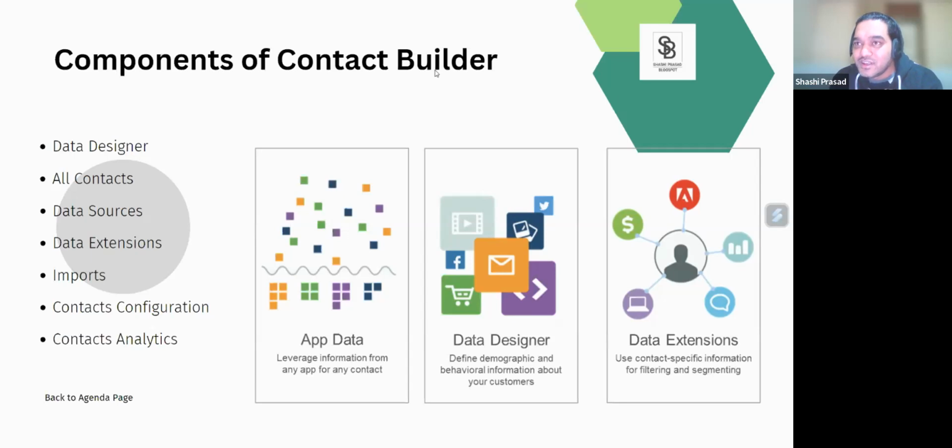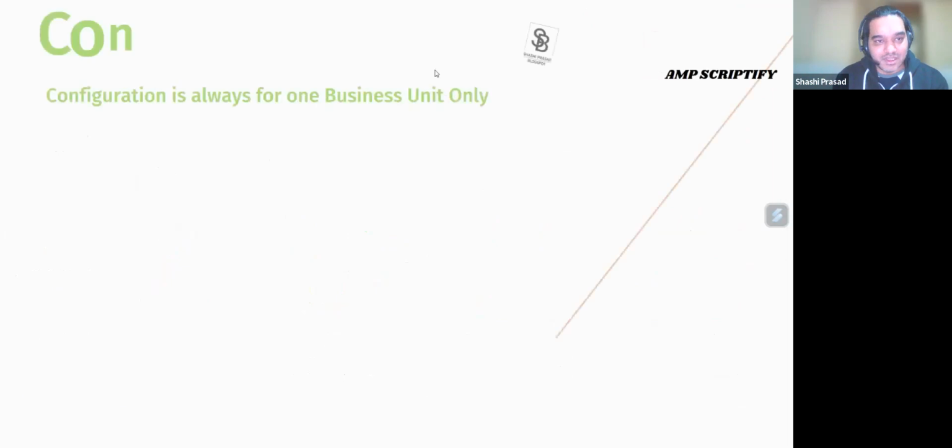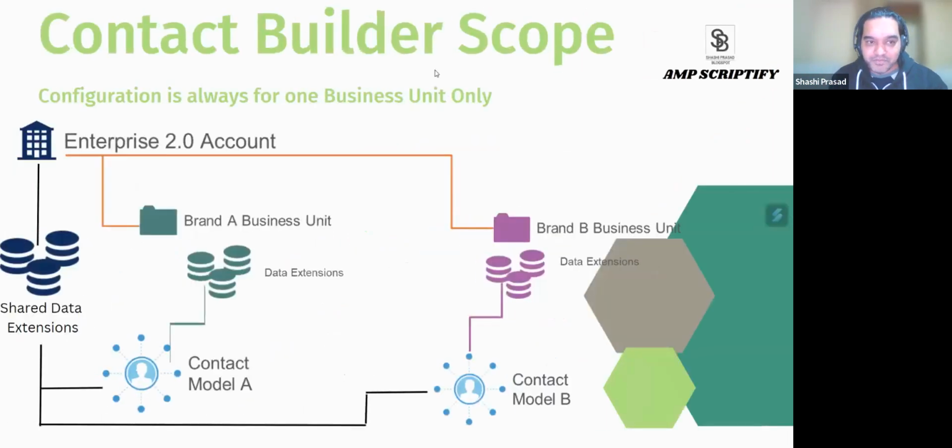When you store data in a data extension, you do not try to manipulate the data. You are just storing the data with the specific information there, and that specific information will help you filter and segment the data. Just a minute there.